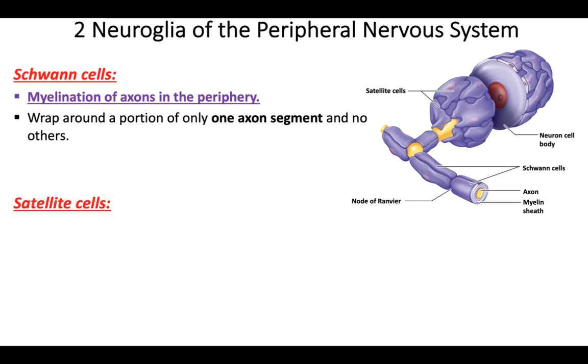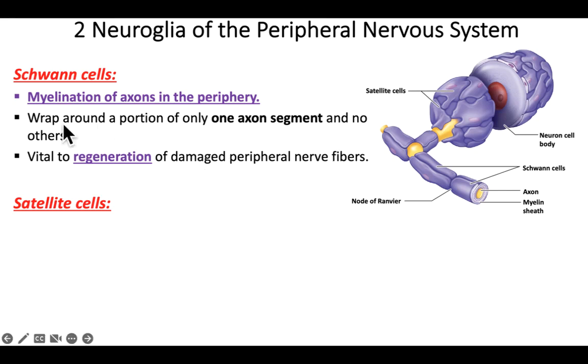So it's a little bit different in how they produce the myelin, but the same function. And that myelination helps speed up action potentials. These cells have also been found to be able to regenerate damaged peripheral neurons as well. So that's a really important thing if there's a nerve injury that these Schwann cells can help repair.